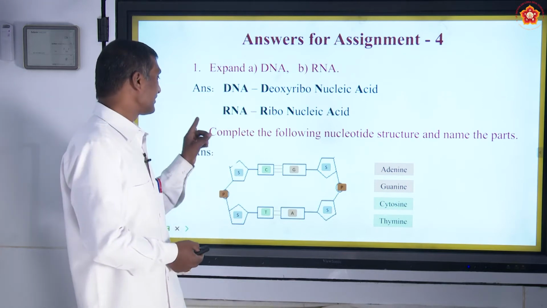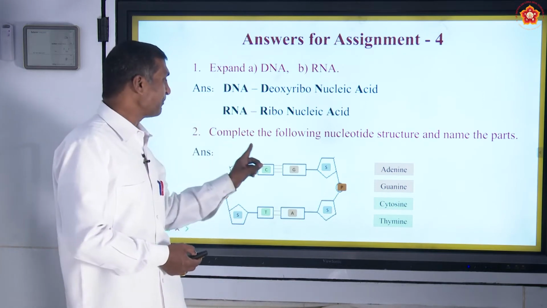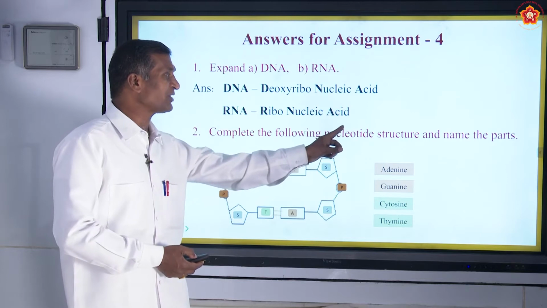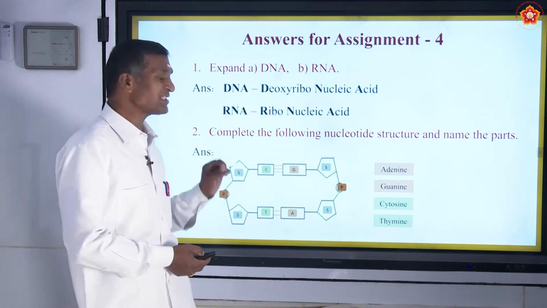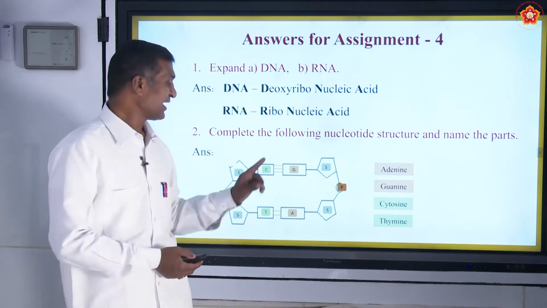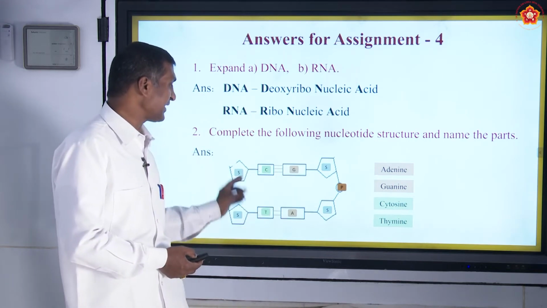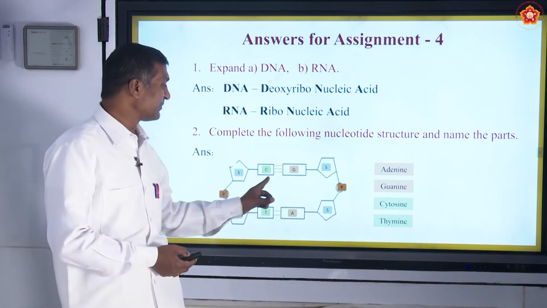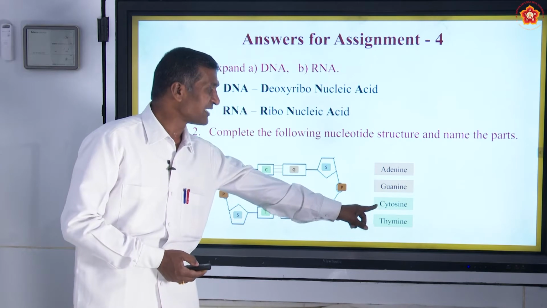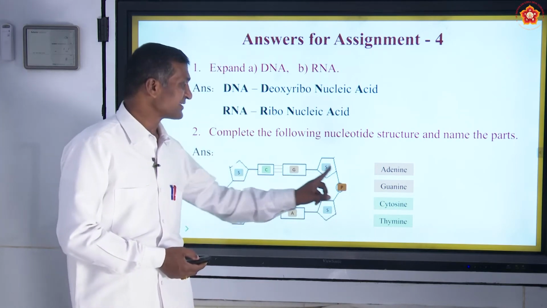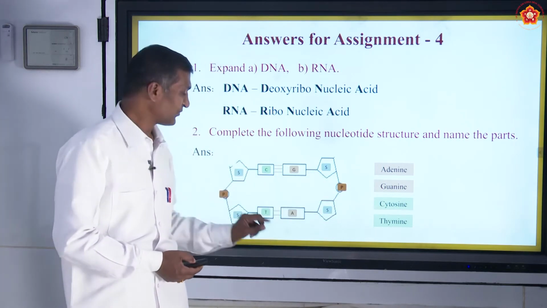Very good. Second question: complete the following nucleotide structure and name the parts. As you have all taken down the question with blanks in these areas, now it is being filled up. C stands for cytosine. G stands for guanine.